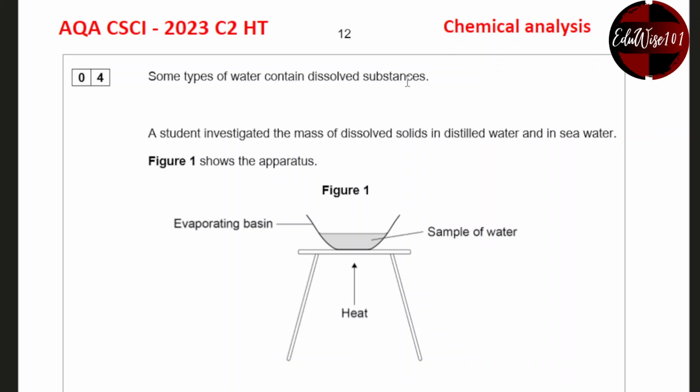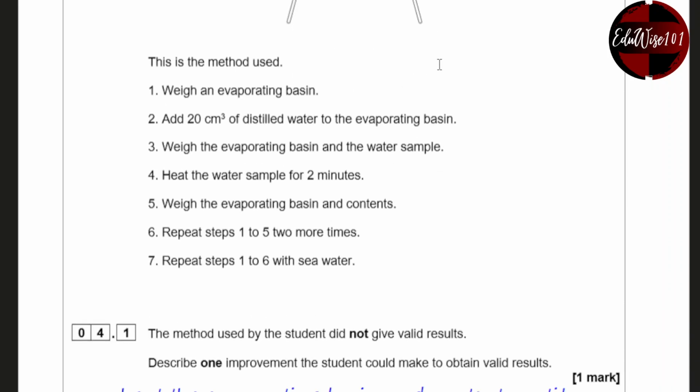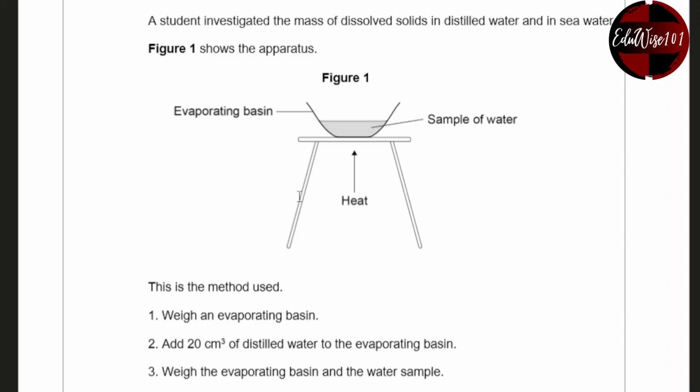Some types of water contain dissolved substances, and you can see they're using an evaporating basin with a sample of water and measuring the contents. The question is more or less exactly the same, and they have slightly changed it. This is why it's worthwhile going through questions. Although you are not going to get exactly the same questions, you could get similar questions, which helps you to understand and answer better.